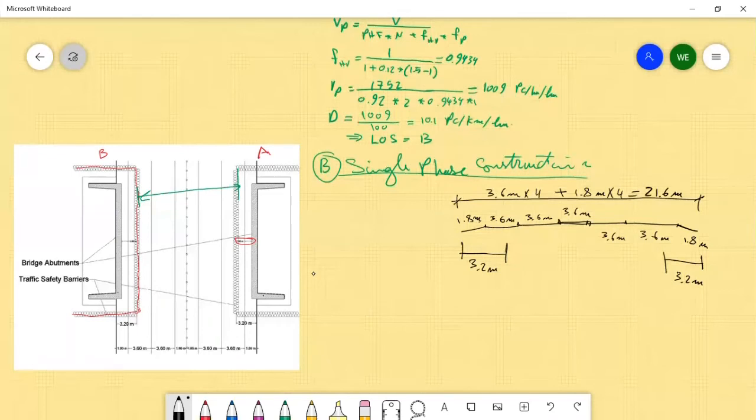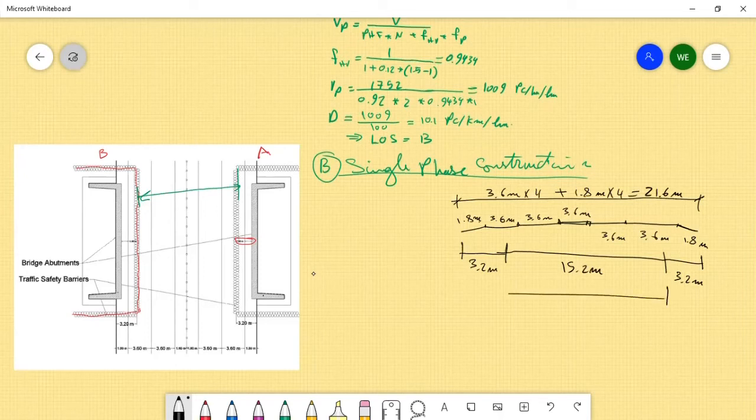If we subtract 3.2 multiplied by 2, the remaining is 15.2 meters. Let's see if we can divide this part into 4 lanes and some shoulders.